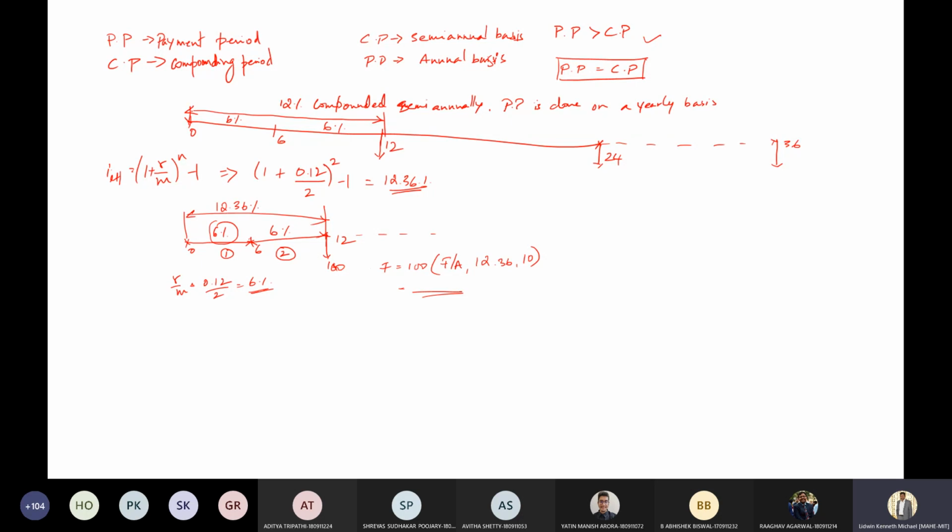Okay, so we'll go on to the next problem or the next example. I'll take the interest rate to be the same, 12% compounded quarterly.